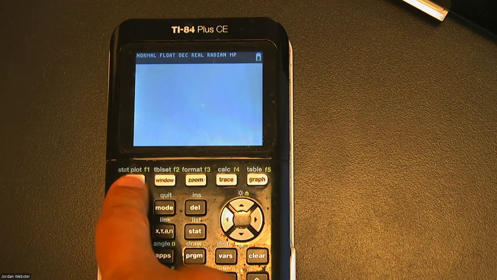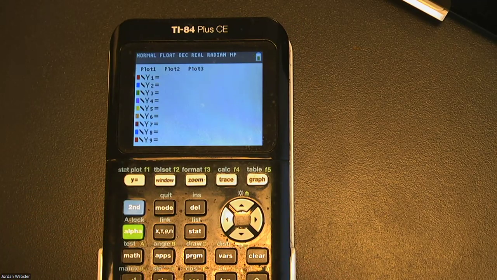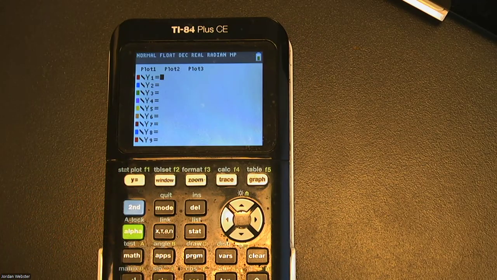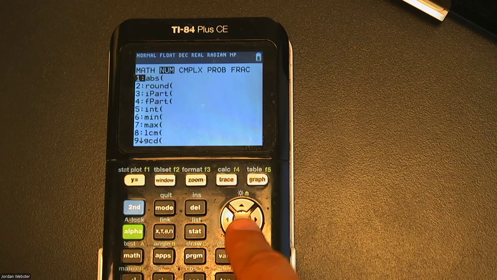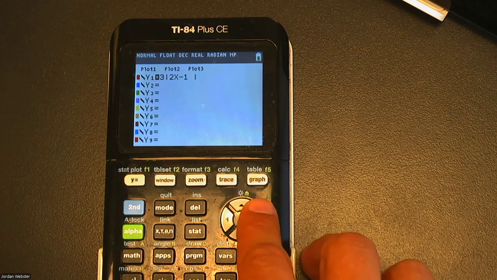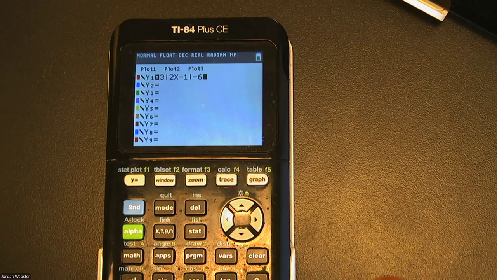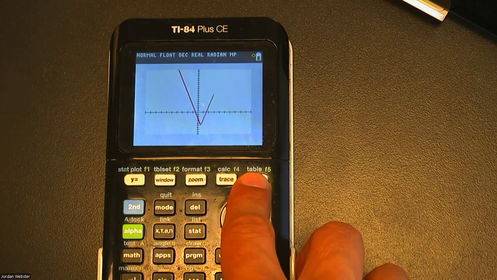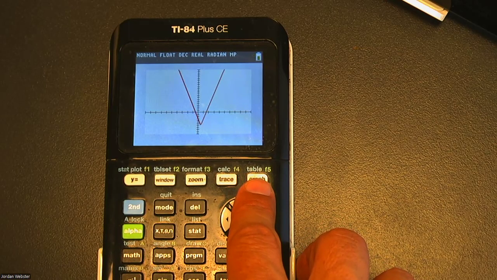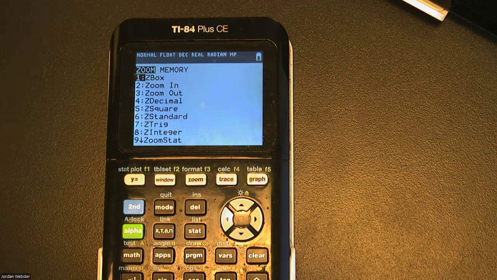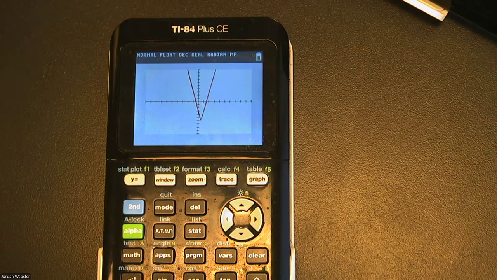You can also graph absolute value functions by just hitting y equals 3. Go back in, get the absolute value, 2x minus 1 minus 6. And then there you go. Oh, let me zoom standard first. That'll probably look a little bit more like yours.